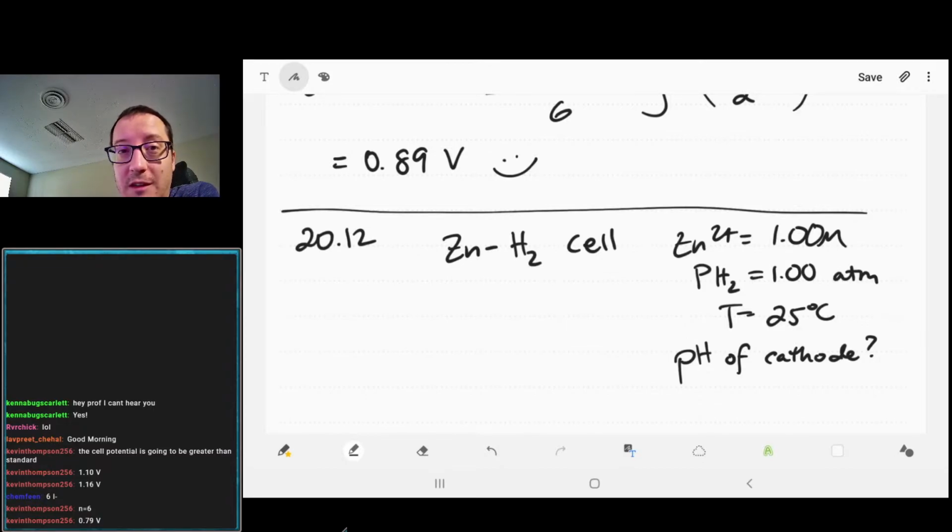Cathode, remember, is the reduction side of things. Remember, red cat is our mnemonic. So we're going to have reduction of H+. So that means at the cathode we have the reduction of this.